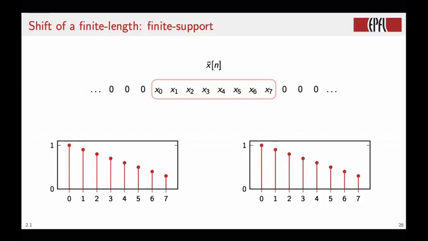That's the only thing we did, we added zeros before the 8 samples and after the 8 samples. And if we shift it, we delayed by 1, so it is shifted right. What has happened is that a 0 showed up here and the x[7] fell off on the right side.